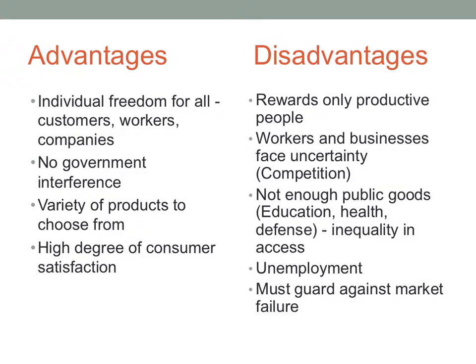Think about all the stuff that you get for Christmas or for your birthday or just all the stuff that you have in your house. That's freedom, right? Nobody's telling you what you can or can't buy. Okay, and that's because of free enterprise, okay? There's freedom here, if you need to write that down.